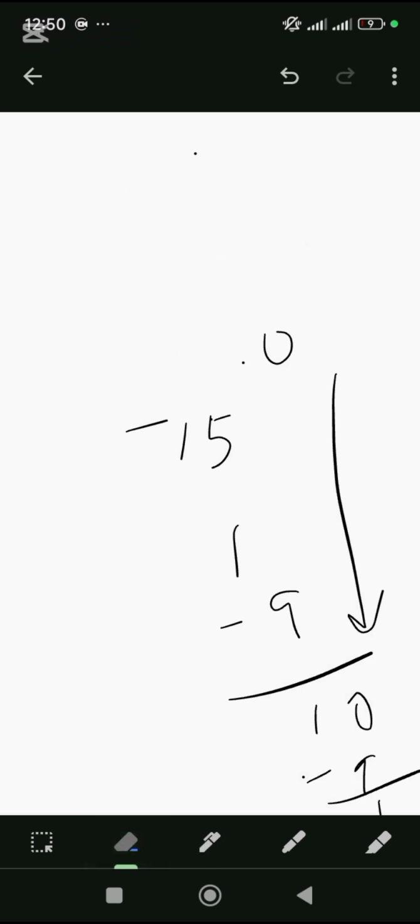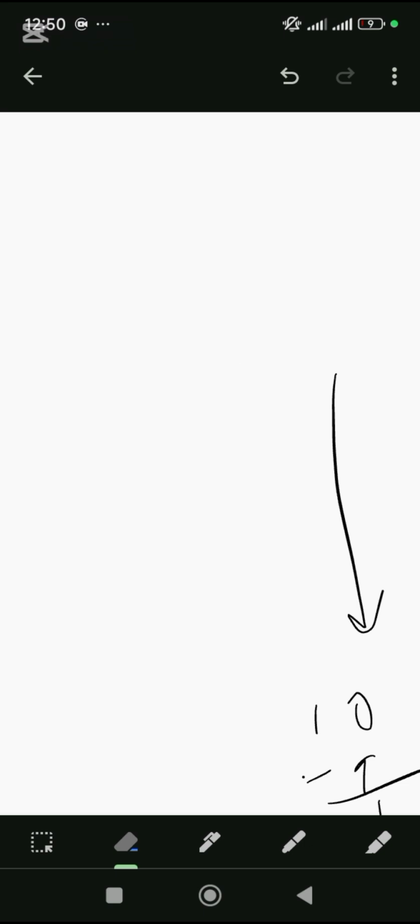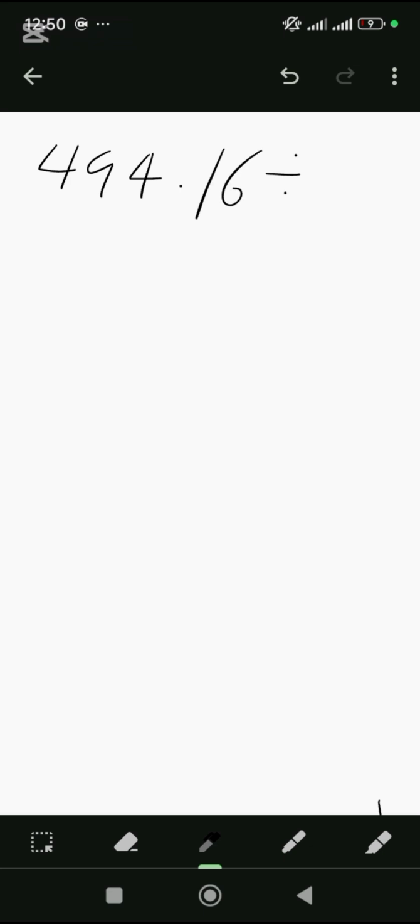And in case number 2, we said it is a whole number and a decimal number. So we have a case where we have a whole number and a decimal number. Let's look at this question. 494.16 divided by 3.